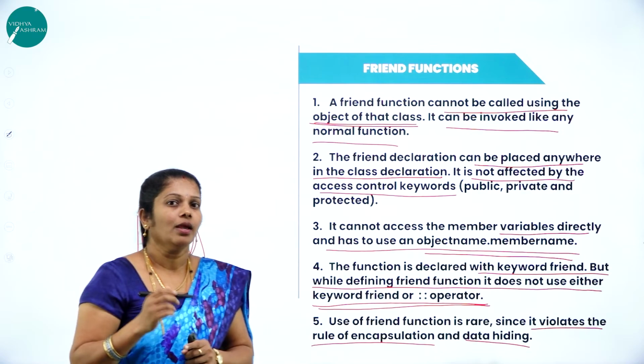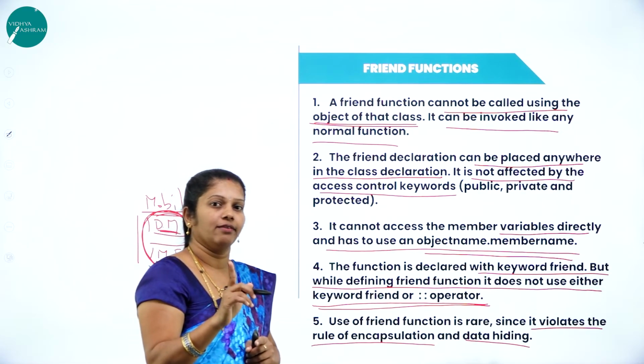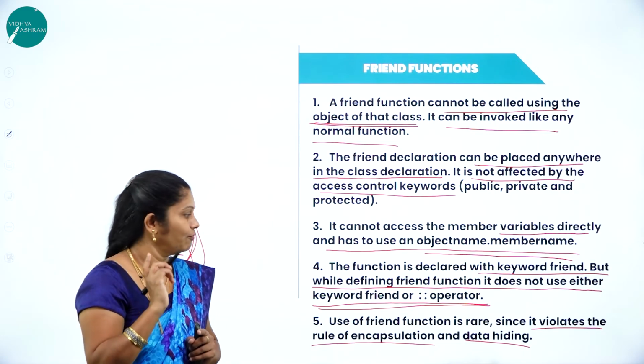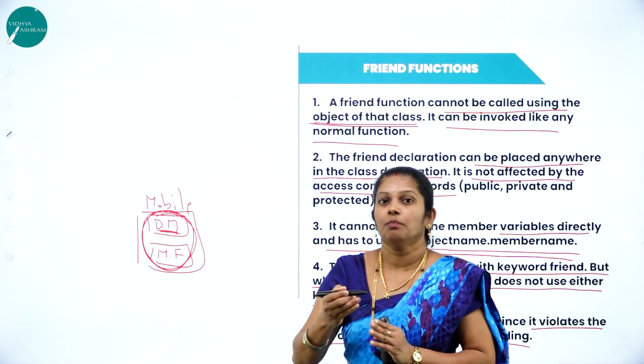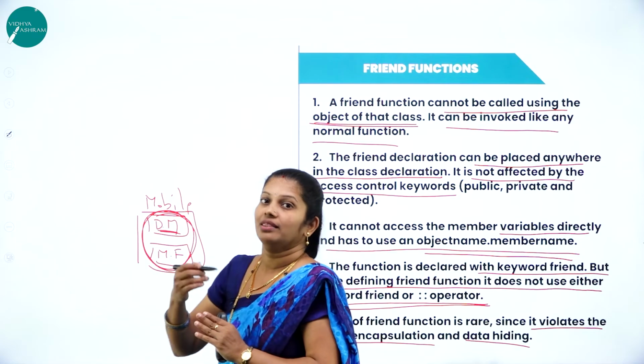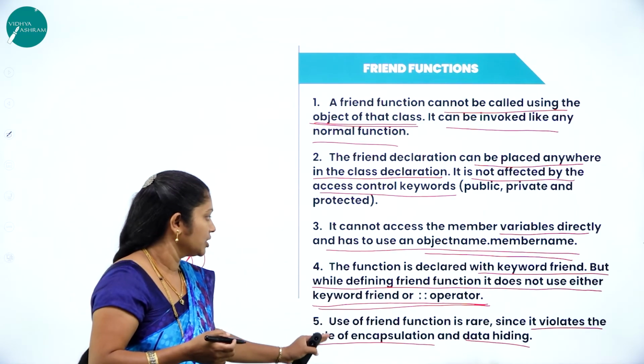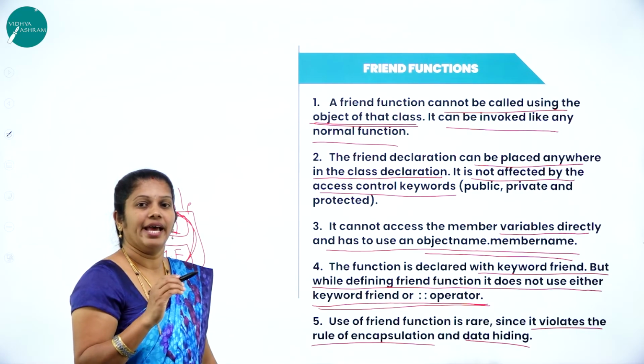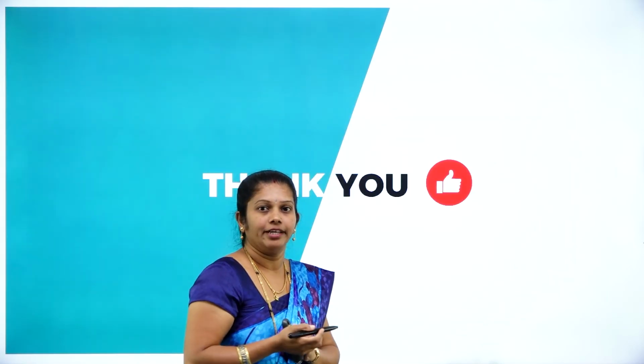But the main thing here, we do not require the scope resolution operator. And we are using the keyword friend. And it is rarely used because it avoids data security. It violates the rule of data encapsulation as well as data hiding. Now is it clear for all of you?